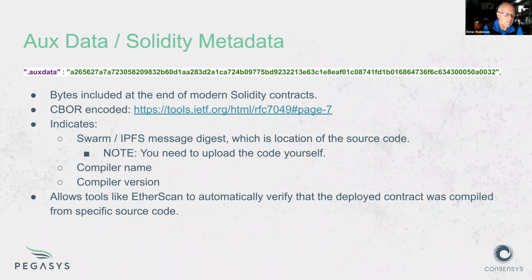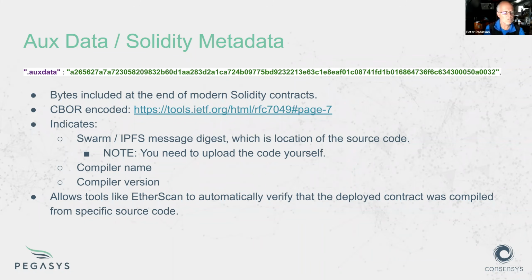And what it does is it indicates the swarm or IPFS message digest. So it's the message digest of the source code, and it indicates that this code is stored on swarm or IPFS at this location. And of course, you've got to upload the code yourself, but the idea is that in combination with the compiler name and version, which are also there, and whether it's an experimental version, it indicates to you how to compile the source code to get this bytecode.